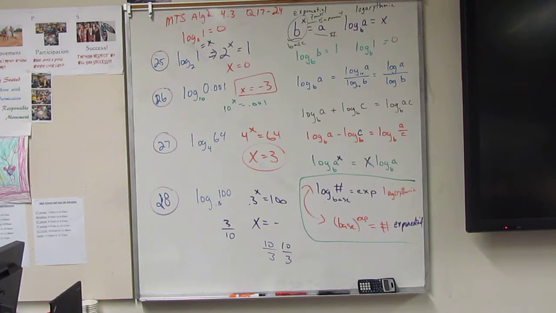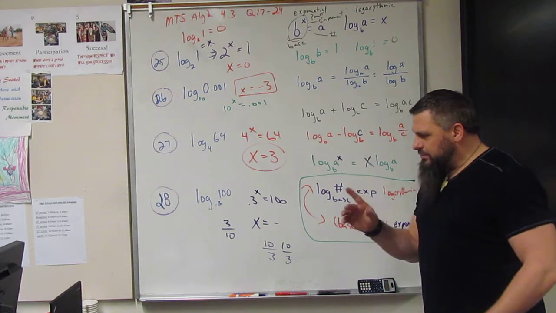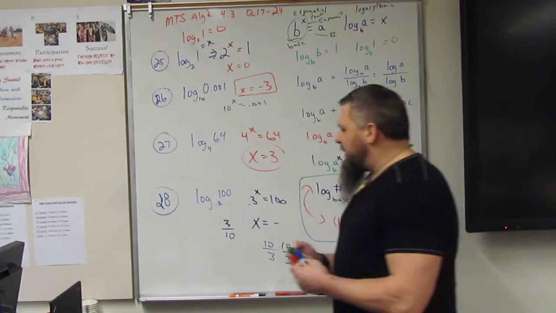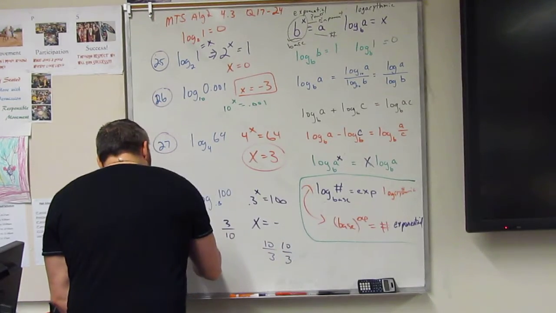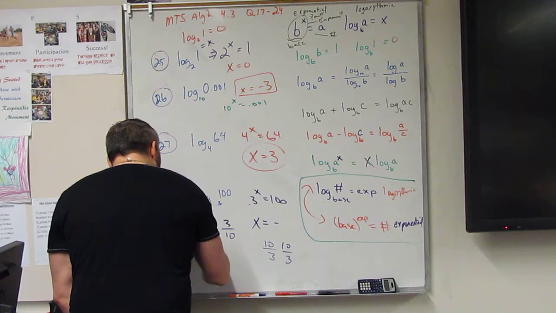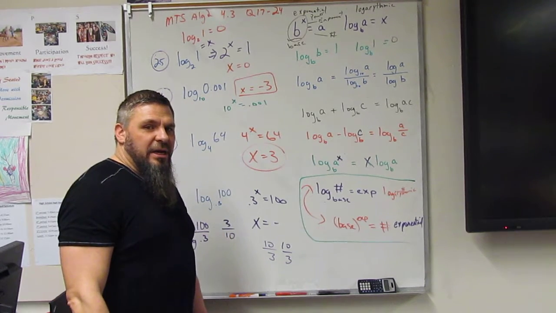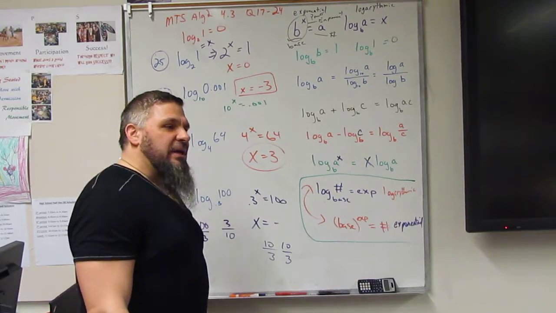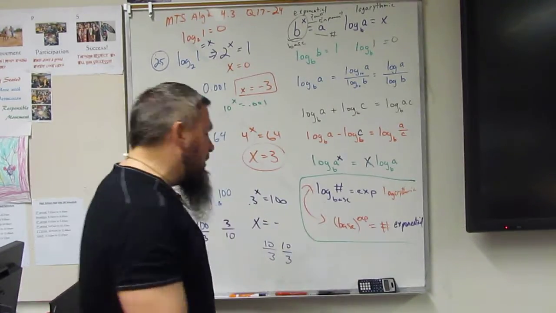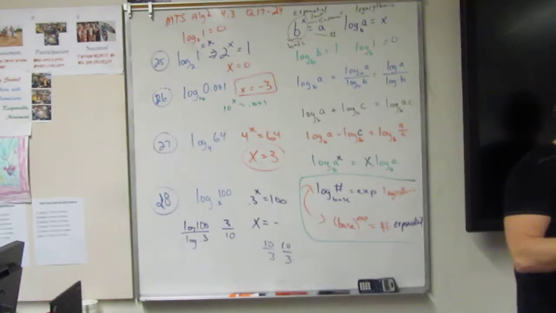No, this one's a lot more difficult. In this aspect, let's think of it another way. Log of 100 divided by log of 0.3. Okay? Because when I think of it this way, now I have log base 10 of 100.